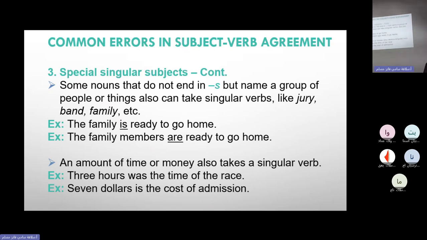Like, Wala, mine is not online. 3 hours was the time of the race. $7 is the cost of admission. Why did we take it as one block, as one unit? Although we put an S on 3 hours, we use it as a singular item. Okay?